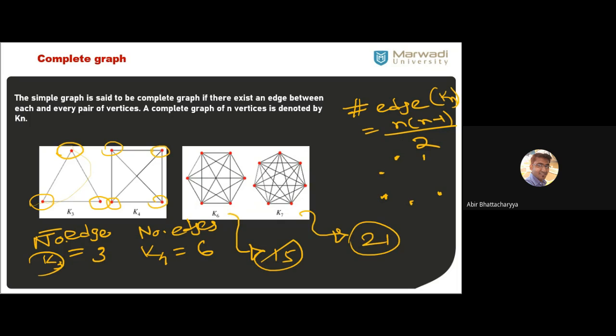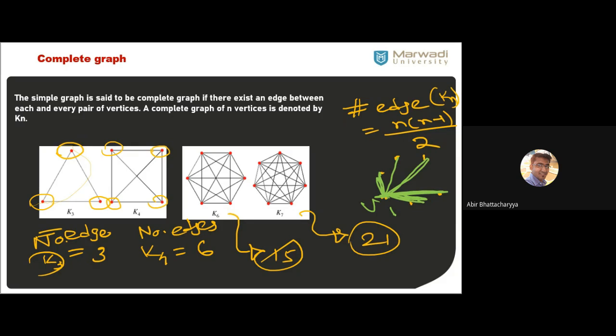Now start connecting one by one. Starting from the first vertex, I connect from here to here, then here to here, then here to here, then here to here, then here to here. That means all combinations are completed for the first vertex V1.